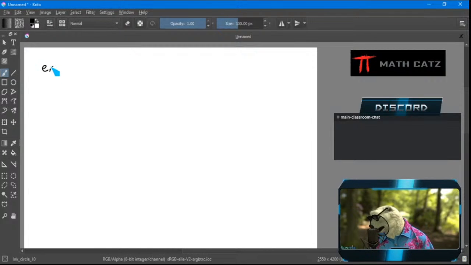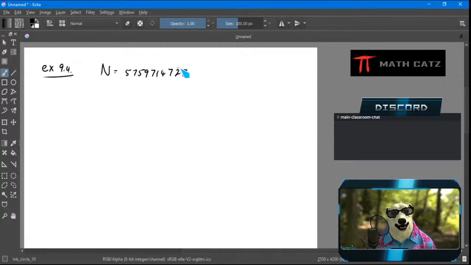We are doing exercise 9.4, and we want to determine whether the following big number, which I'm going to call n, is divisible by all the numbers we have a test for.